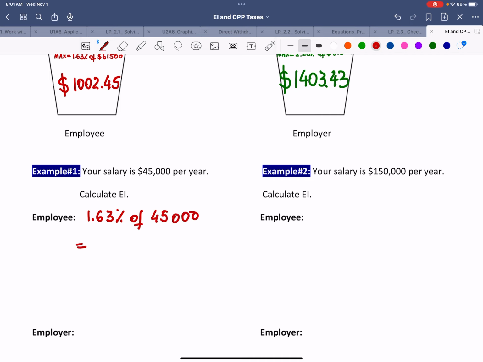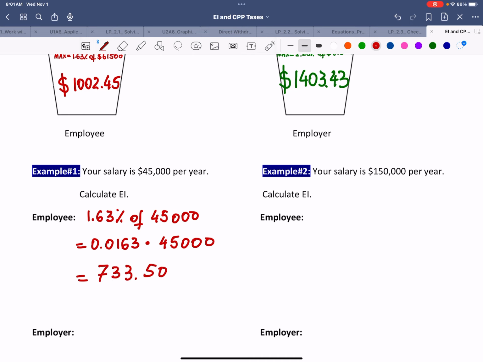That will amount to 0.0163 multiplied by 45,000. Let's see how much this is. I'm just going to use a calculator here on the side. 0.0163 times 45,000 is $733.50.